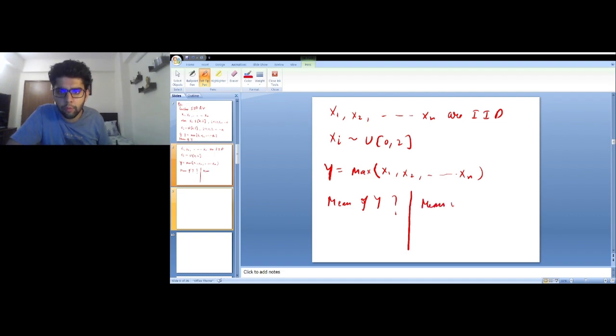We need to prove that mean of y is equal to 2n upon n plus 1. Let me just make this a proof question. Prove that mean of y is equal to 2n upon n plus 1.